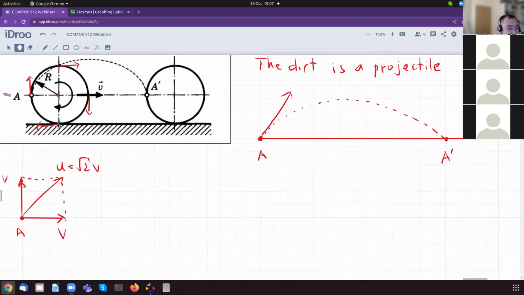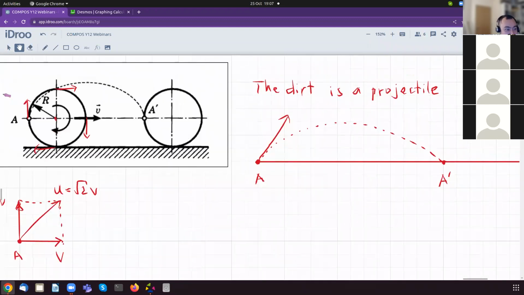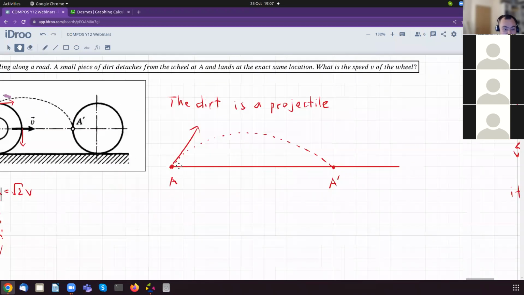The bottom of the wheel is stationary, therefore, because the bottom of the wheel is moving left, but the middle of the wheel is moving right with speed v, they have to be the same. Anyways, the dirt is a projectile, so the angle is 45 degrees, and the speed is square root of 2 v, where v is the speed of the wheel.